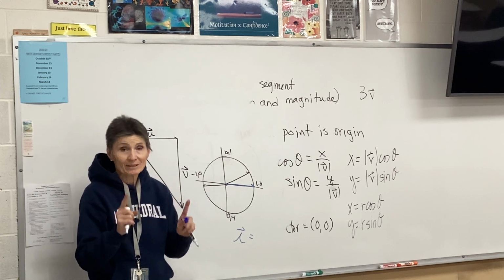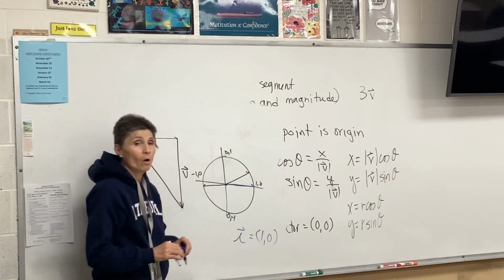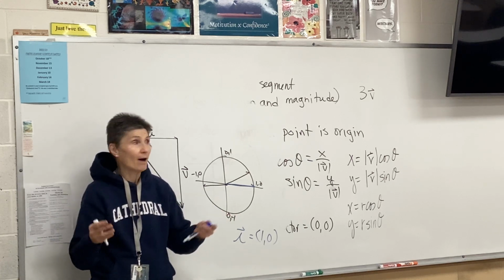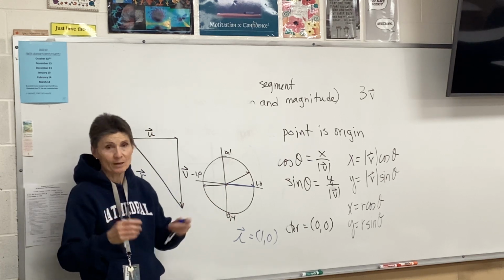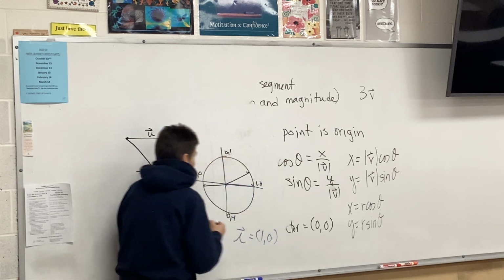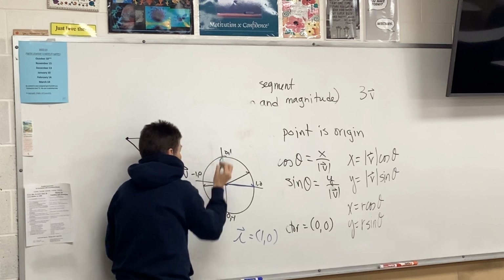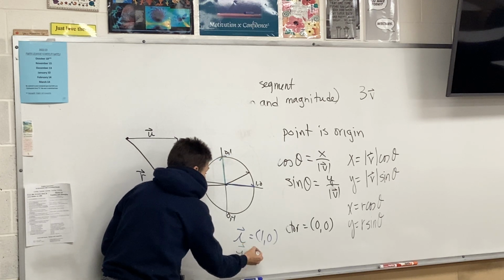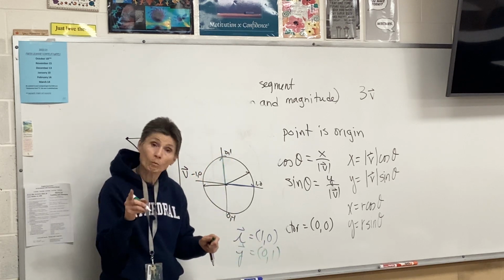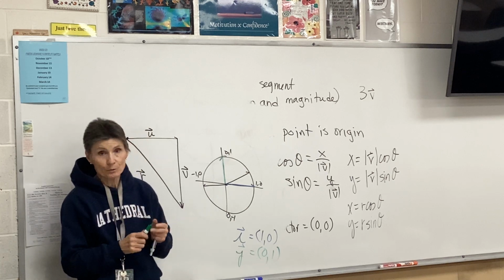Vector I has components 1, 0. It is called the horizontal unit vector. This vector, the green one, is J, and it has components 0, 1. It is the vertical unit vector.